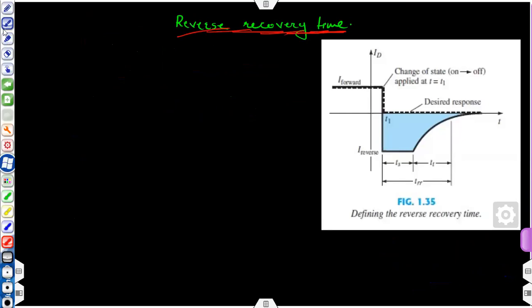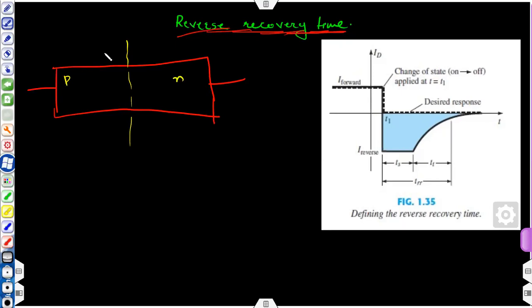So for that, I have to draw the PN junction diode again. Suppose this is our PN junction diode. Again, I am drawing the same structure: P region, N region, and this is the depletion region.